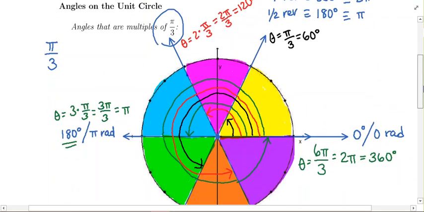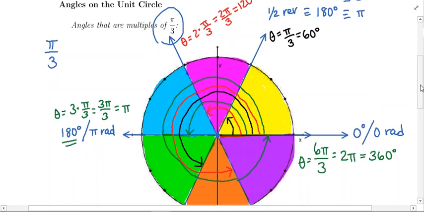So here's where we're getting these particular angles, the angles that are multiples of pi over 3. To recap, we know that the top half of the circle contains pi radians. We divided the top half of the circle into 3 equal parts, and we did the same thing to the bottom half. Each of these little sectors you can think of as pi over 3 or 60 degrees.